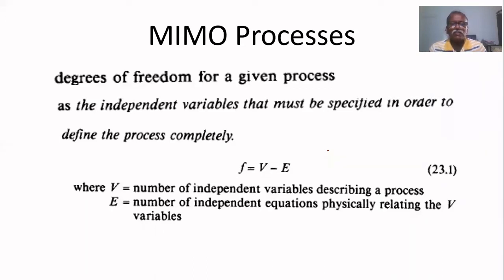In that situation, how many variables we can control is a very important question. In a distillation column, how many variables do we have to control to maintain the entire distillation column under 100% control? Because a lot of variables are there in that distillation column.